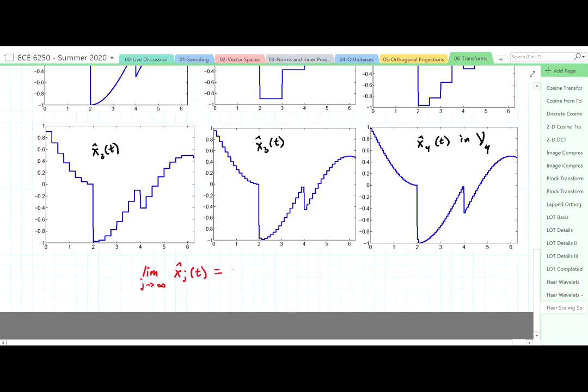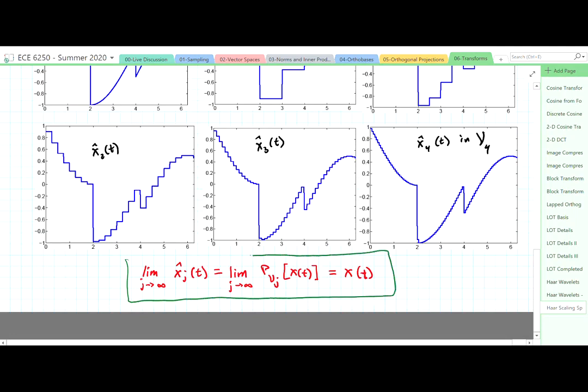And so this is basically the same idea, only we're not actually finding an integral or anything, but we are saying that if we start with a piecewise constant function, but the pieces get smaller and smaller, infinitely small, we actually reach the function. So in the limit, as j becomes large, we converge to x itself, for any x in L2.